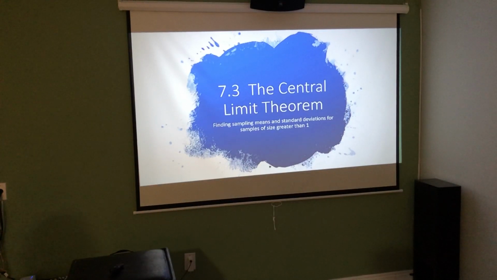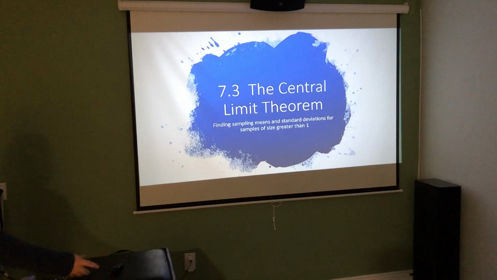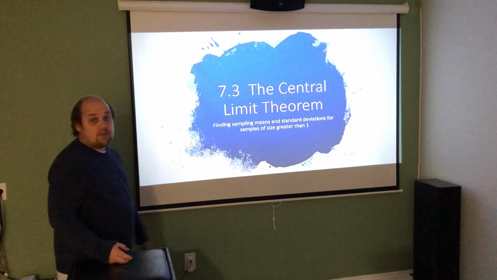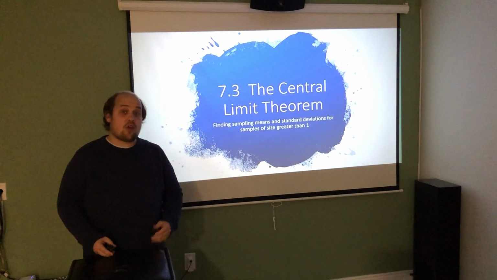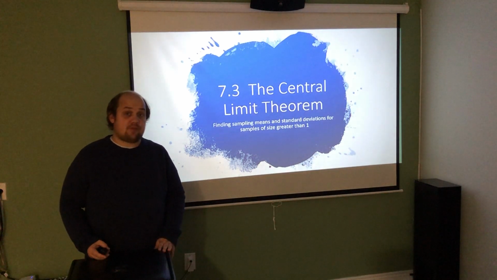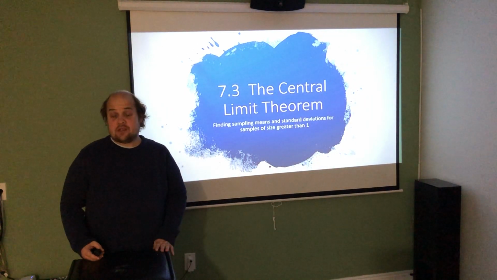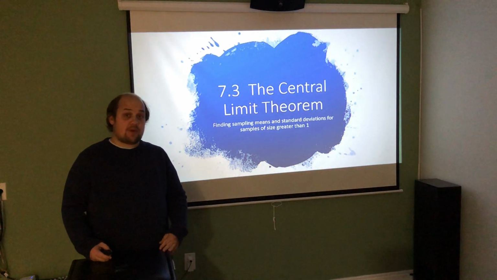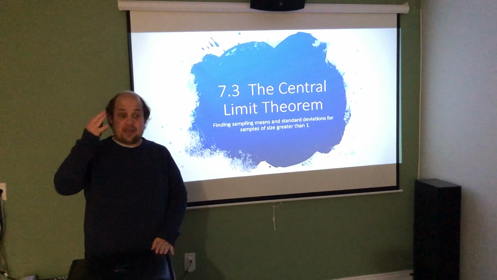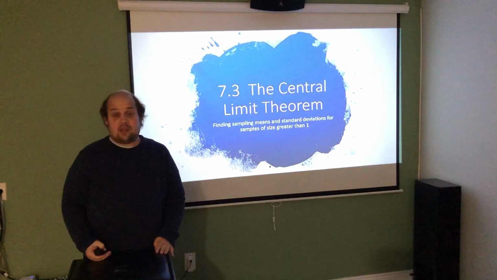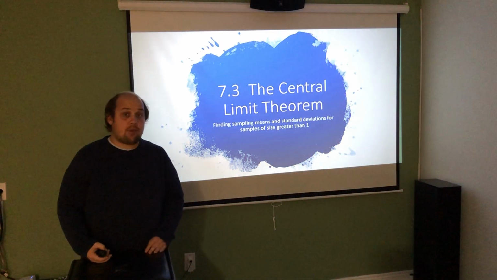Central limit theorem is an extension of the normal distribution problems that we did from the last unit. Basically, it asks the question, what happens if we take a sample size greater than 1? All the normal distribution questions we answered previously were phrased, what's the probability that an individual, that one randomly selected person?